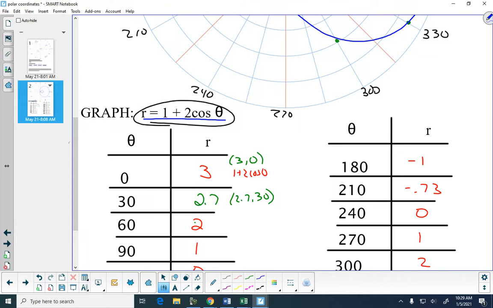But if you were dealing with this in an XY coordinate system, and you wanted to get the exact same graph in an XY coordinate system, let me do a little manipulation. r equals 1 plus 2 x over r, squared, x squared plus y squared is equal to square.